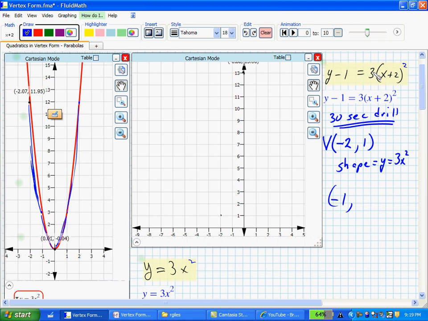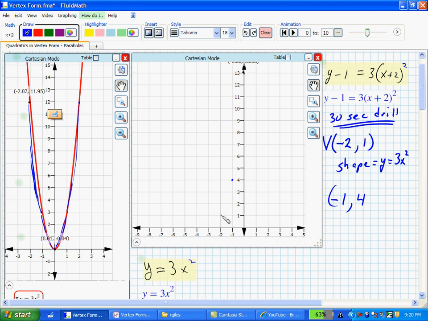Times 3 is 3. Plus the 1 is 4. Negative 1, 4. So we go over to negative 1. We go up 1, 2, 3 to the point negative 1, 4. Over 1, up 3, just as over here, over 1 and up 3. So I'm expecting that to happen.